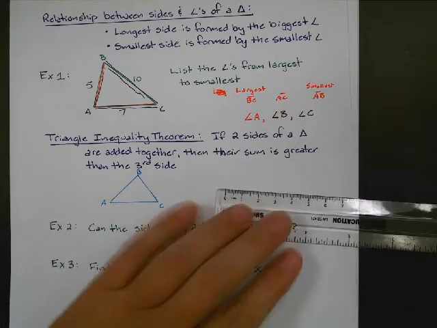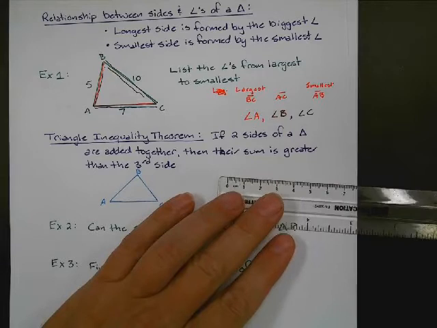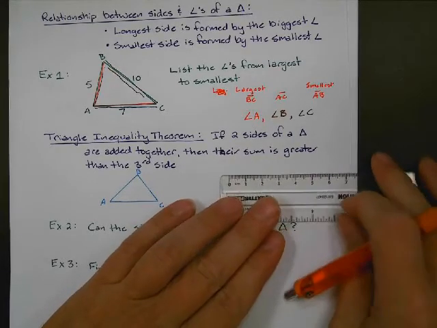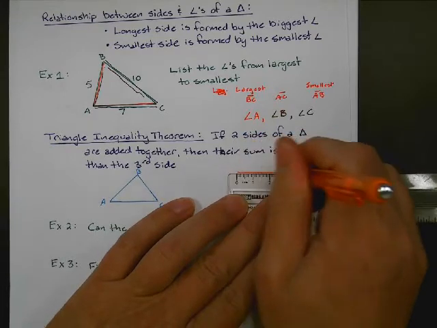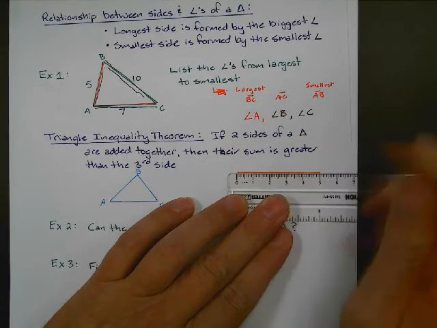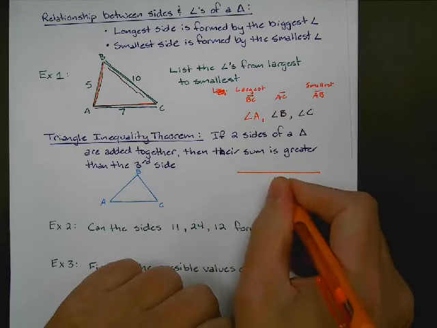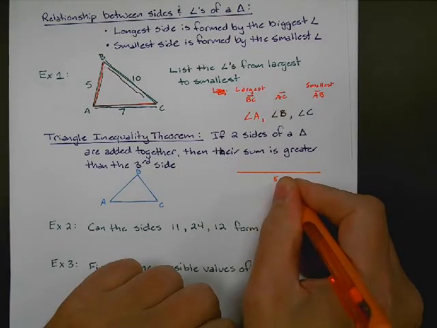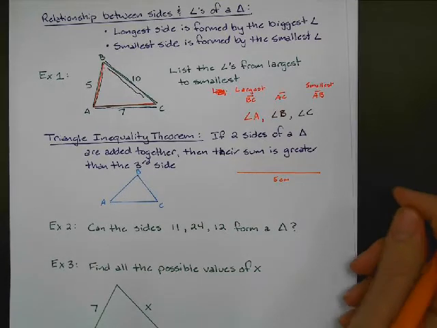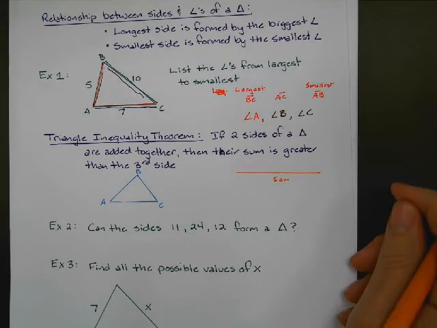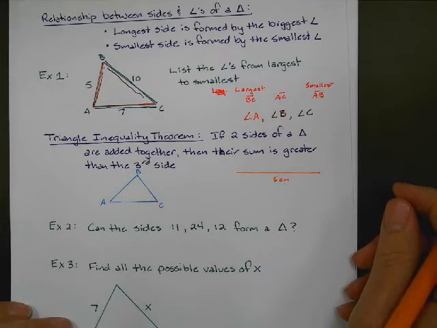I've got my ruler right here, and let's say that this is going to be 5 inches long. All right, so that's 5 inches long. Let's say, or centimeters, let's say I want to build a triangle, and one of the sides I want to make 3 centimeters long, and the other side I want to make 1 centimeter long.